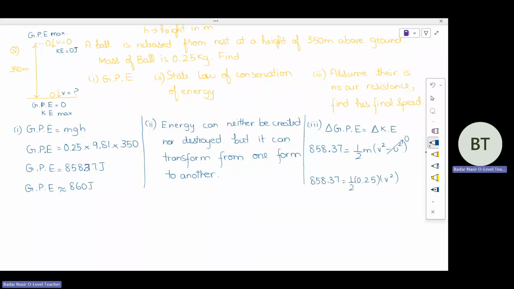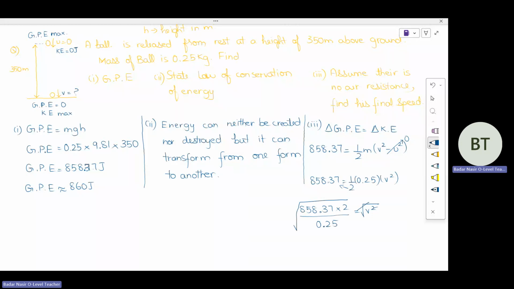Now ये जो 2 इधर डिवाइड हो रहा है, when you shift it to the other side, it will be multiplied, और ये 0.25 v square से multiply हो रहा है. So when you shift it to the left, it will be divided. So we have this expression. Now we can take square root on both sides. And if we take the square root on both sides, so we will get the final speed with which the ball reaches the ground. So can you please tell me the answer?